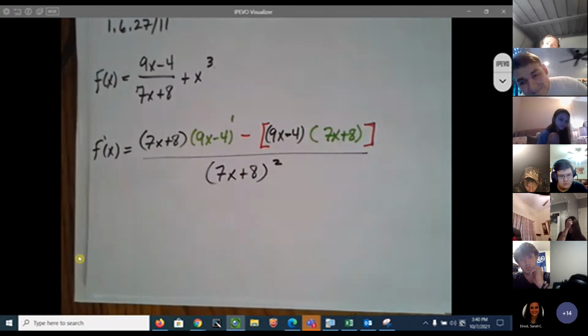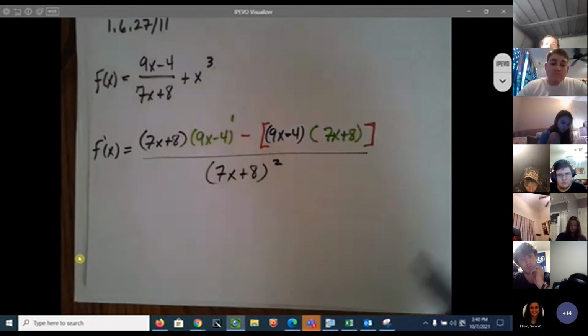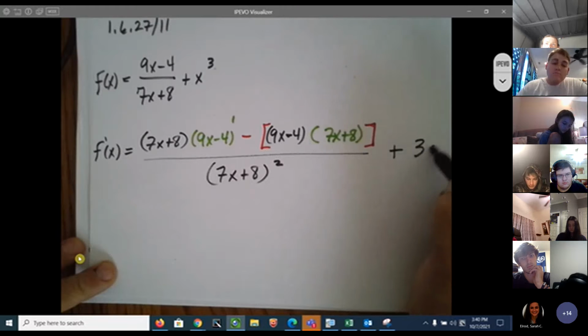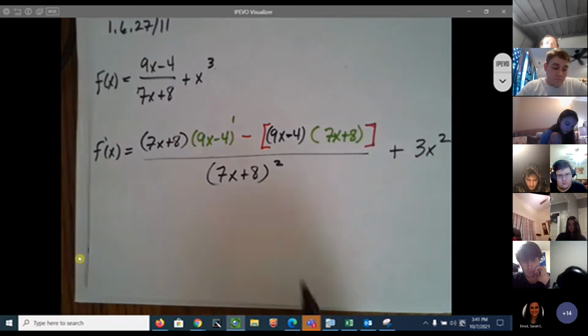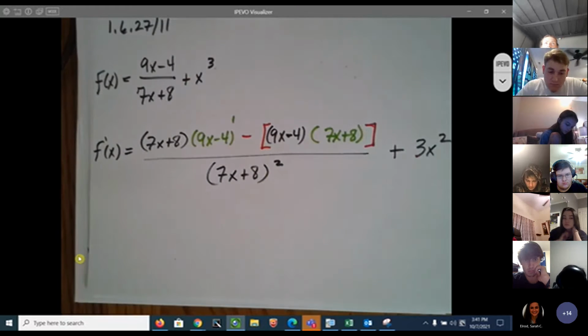And what is the derivative of x to the third? 3x squared. Now you can focus on this.